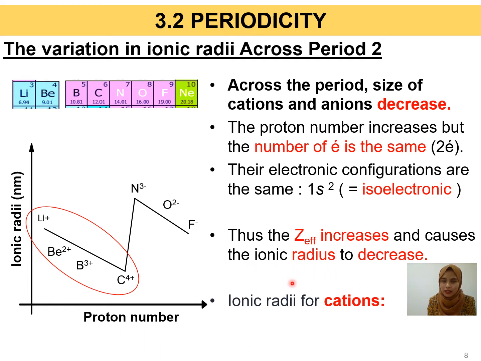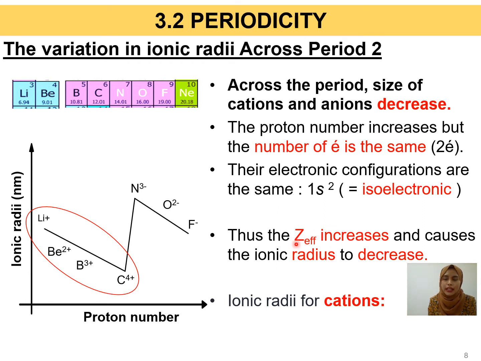To put it simply, in the periodic table chapter 3, if you know the size of the atom decreases, you just use the reason Zeff, effective nuclear charge.